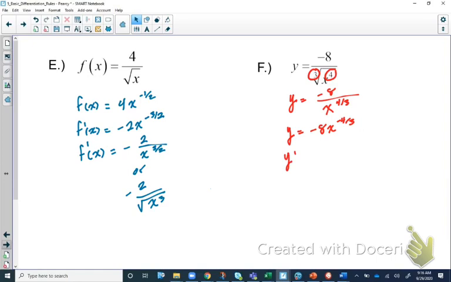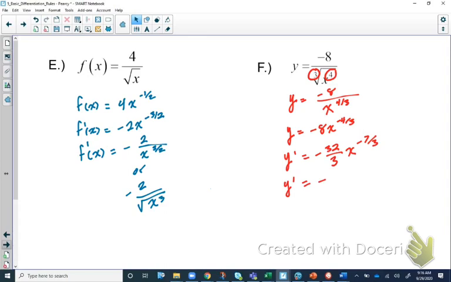Now we're going to take the derivative, so y prime. Negative 8 times negative 4/3 is going to give me a negative 32 over 3. And when I say negative 4/3 minus 1, that's going to give me negative 7/3 for the exponent. Now 32 over 3 as a fraction itself doesn't simplify. So we're going to go ahead and move the negative exponent down to the denominator.